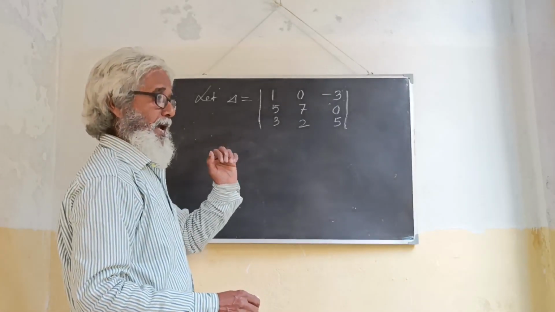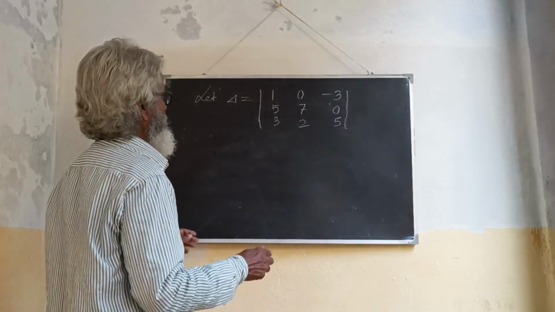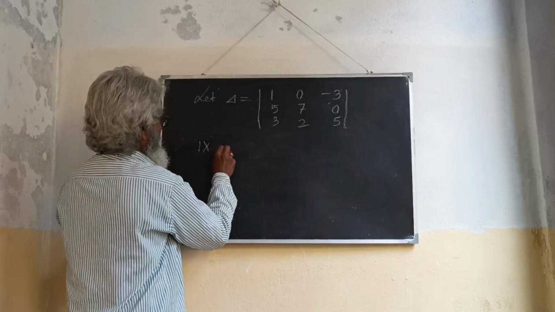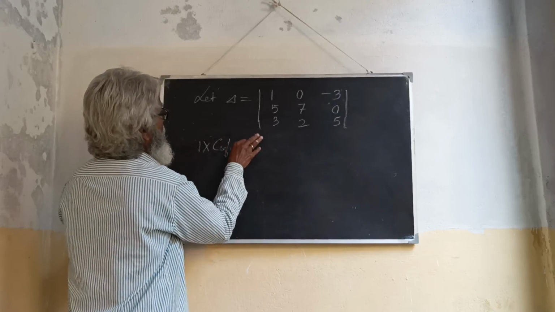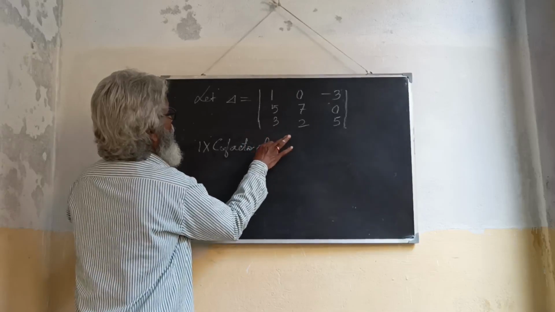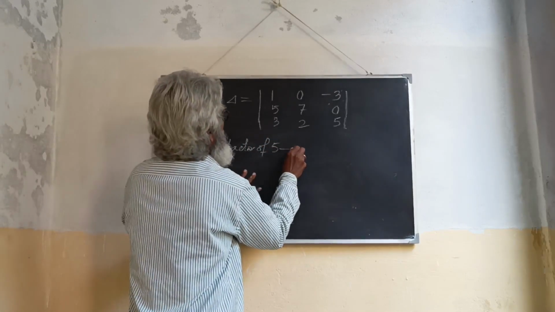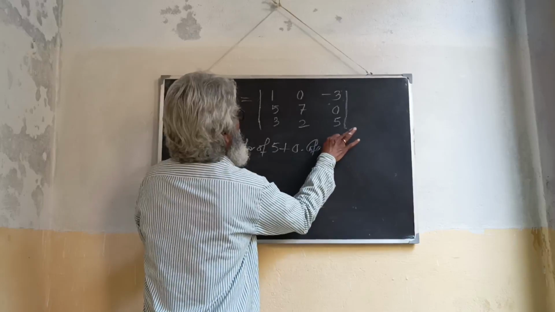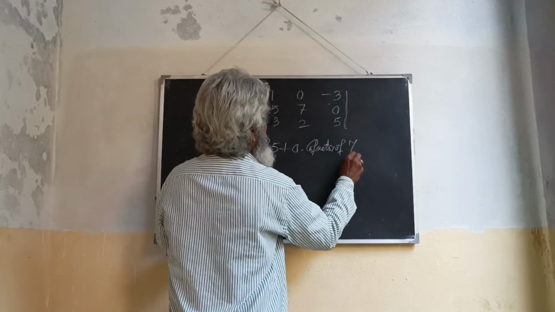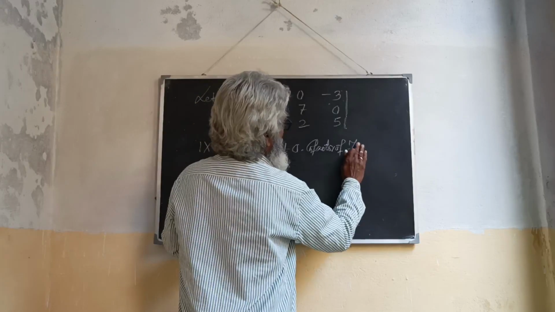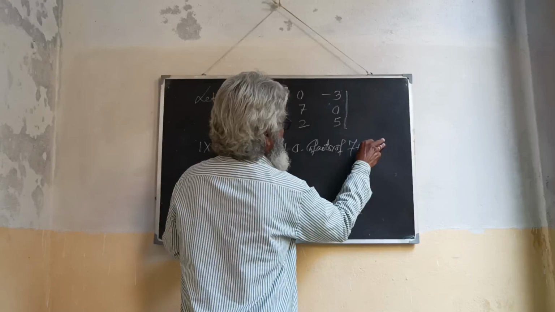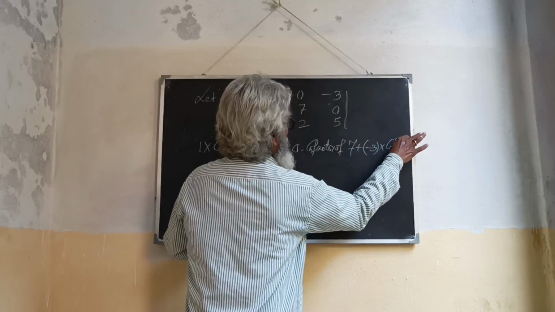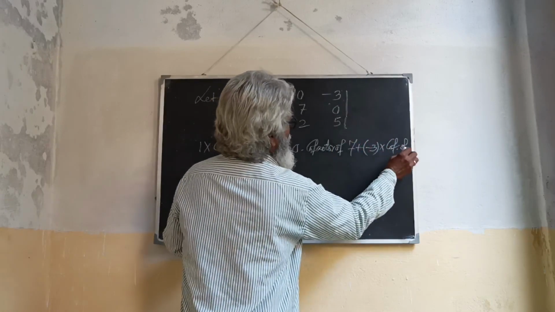We multiply them and add them and see what happens. 1 into cofactor of 5, plus 0 into cofactor of 7, plus, minus 3 into cofactor of 0.